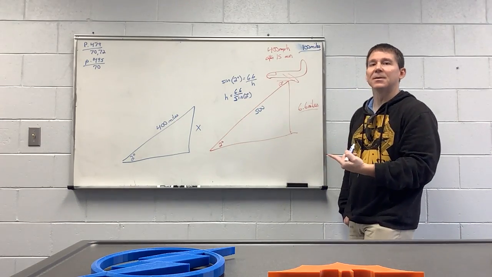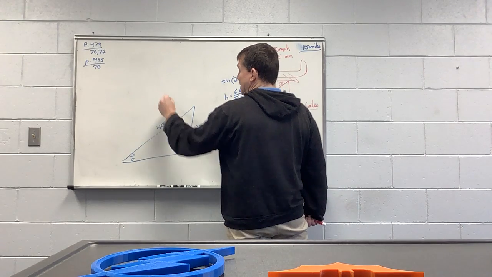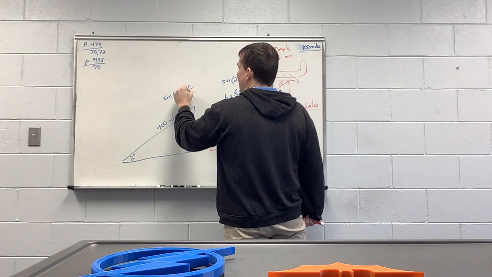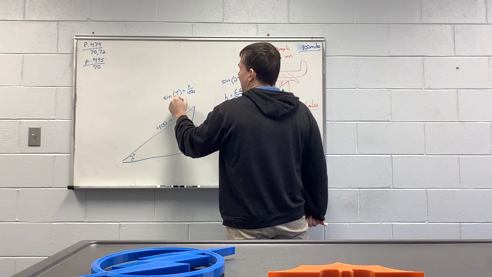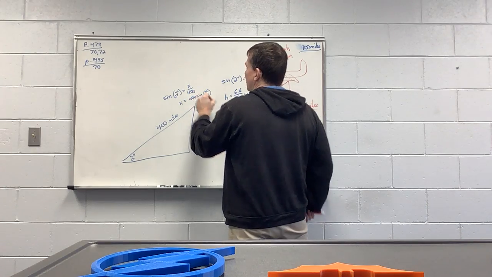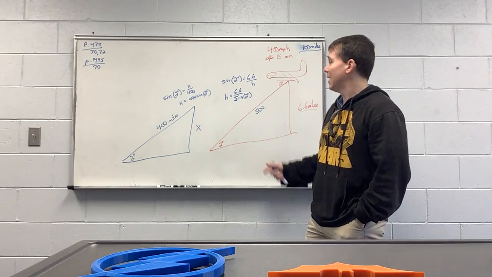Again, making this up. Now, I want to find this x, but I can set up the same thing. Sine of 2 degrees equals opposite x over 400. And then I get x equals 400 sine of 2 degrees. And again, those numbers are off, I'm just making them up. I want you people to work through it.